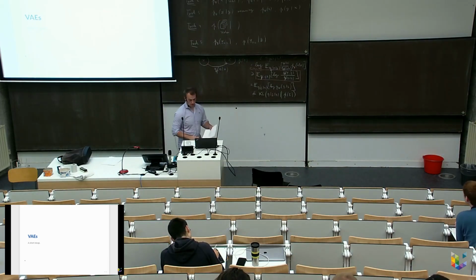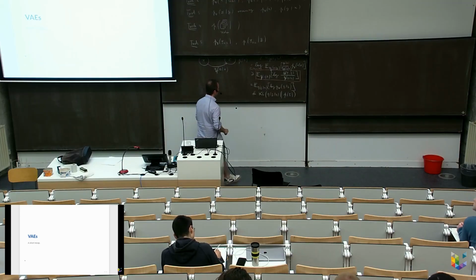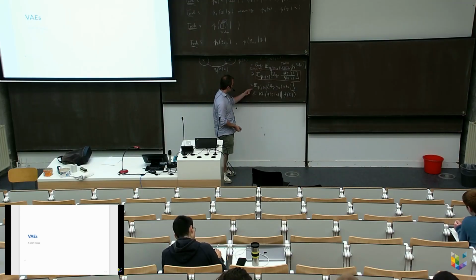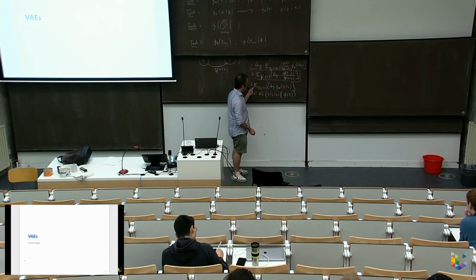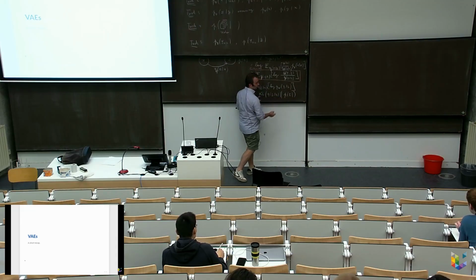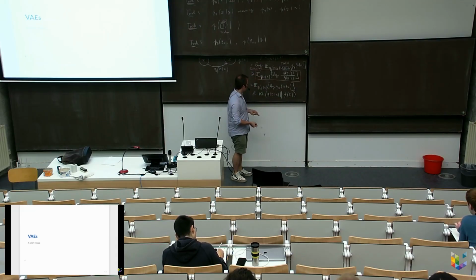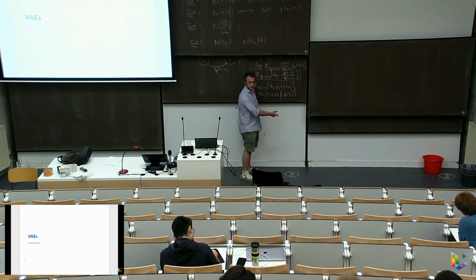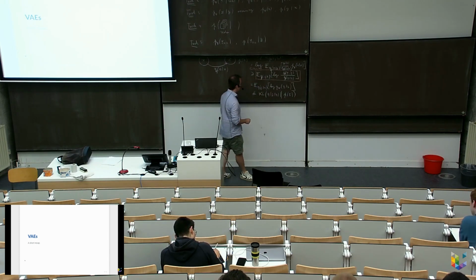In this form, what you should recognize is that if we are trying to maximize the ELBO, then we are trying to maximize this term, which corresponds to the reconstruction error. You just look at how well the data X from your training set is reconstructed when you sample Z from the encoder.